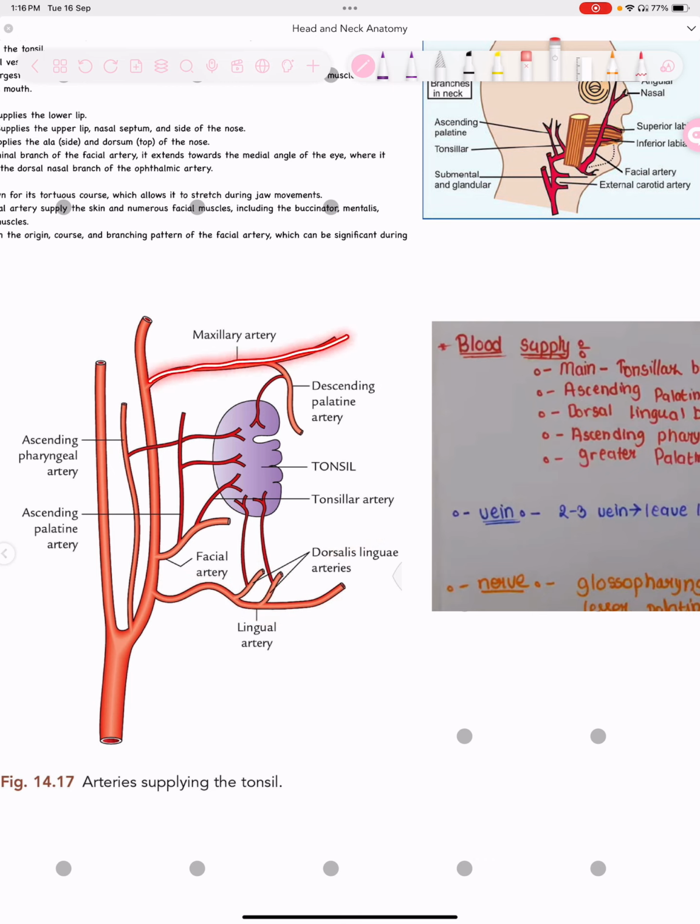Fourth is the maxillary artery. It has a branch called descending palatine or greater palatine branch. So that greater palatine branch is basically blood supply of tonsil. And fourthly, there's another branch of external carotid artery, which is ascending pharyngeal artery. So that is another blood supply. So there are total five blood supplies.